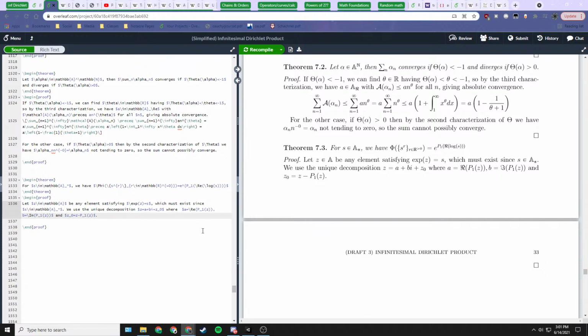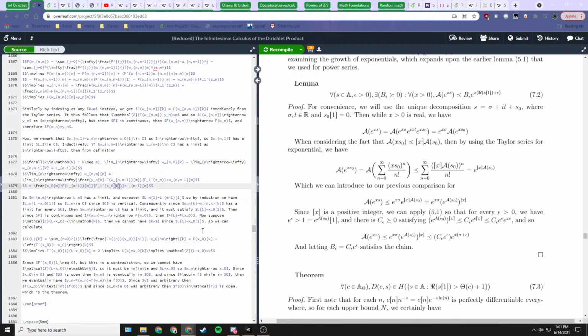Okay, so let's see, what did we do next? So we turn it into an integer sequence.